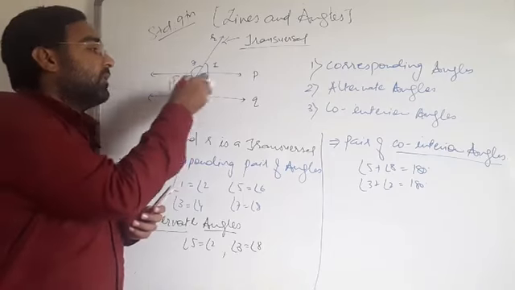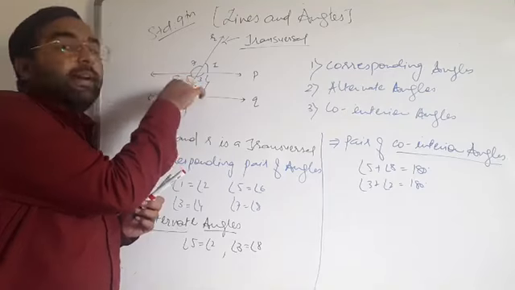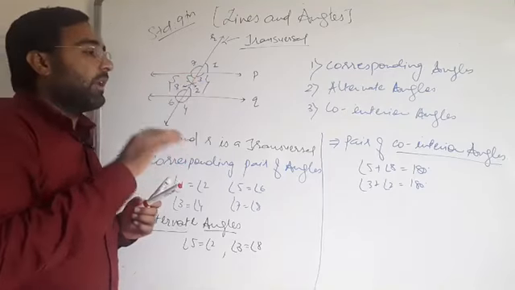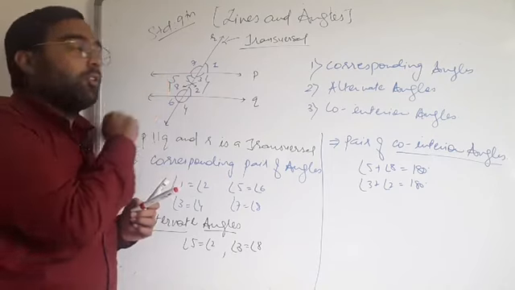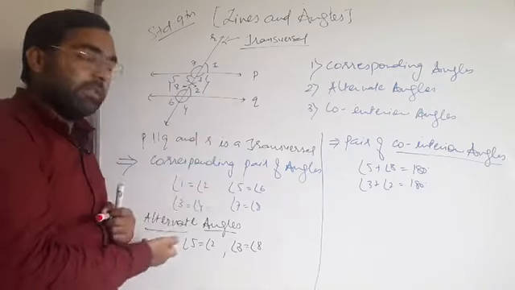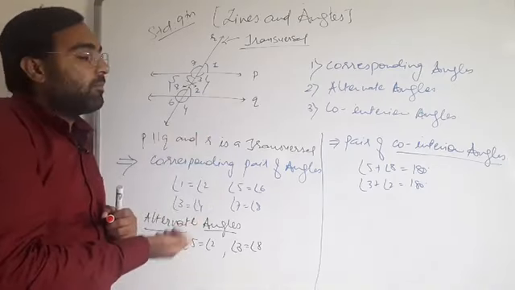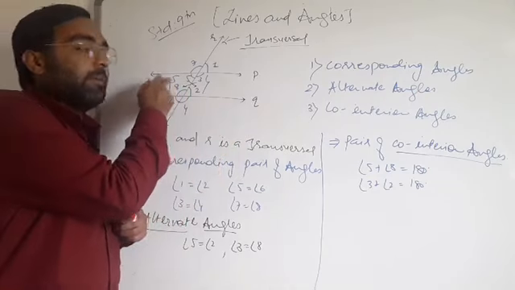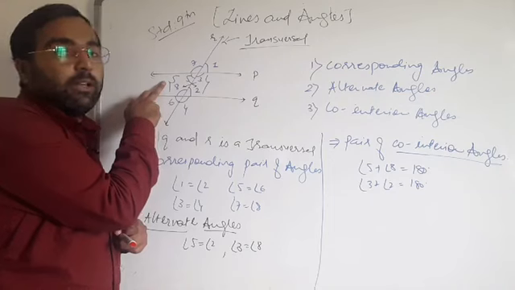Co-interior angles means the interior part of these two parallel lines. In the interior part of the two parallel lines we can go for the same side of the angles, not the cross section. When we go for the cross section, those are alternate angles, and alternate angles are equal. But now we go for the same side of the line.